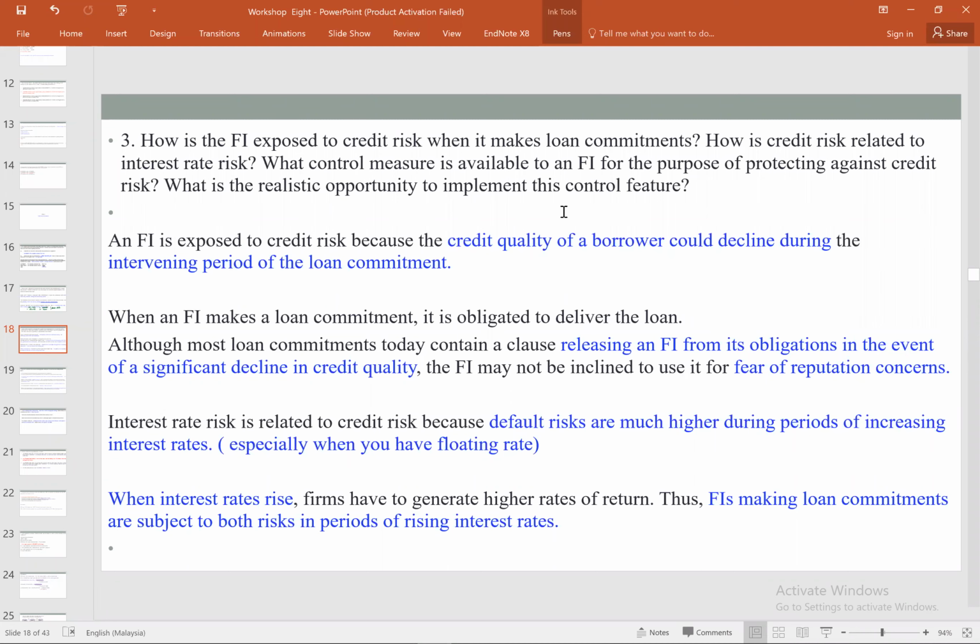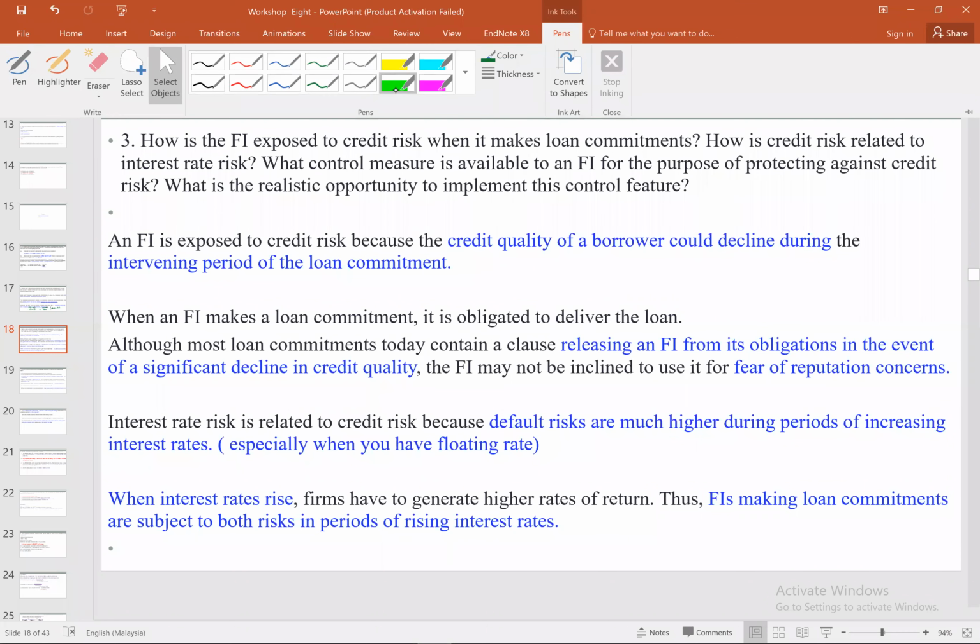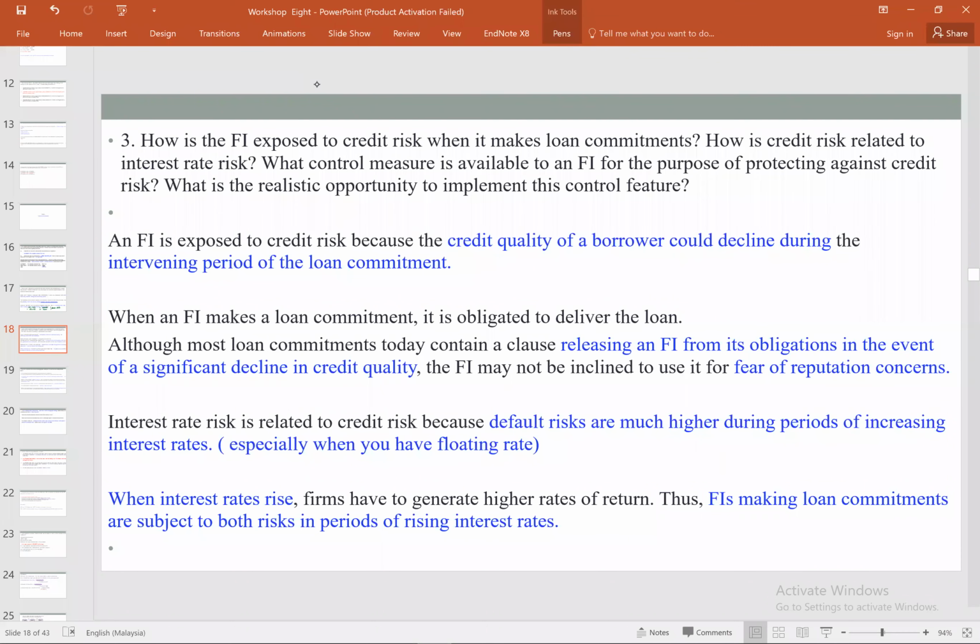Because if you give a loan and then a commitment, we are talking about loan commitment, and if you give a loan and the credit quality of the borrower declines, you cannot do anything. You have just to continue with granting the loan.